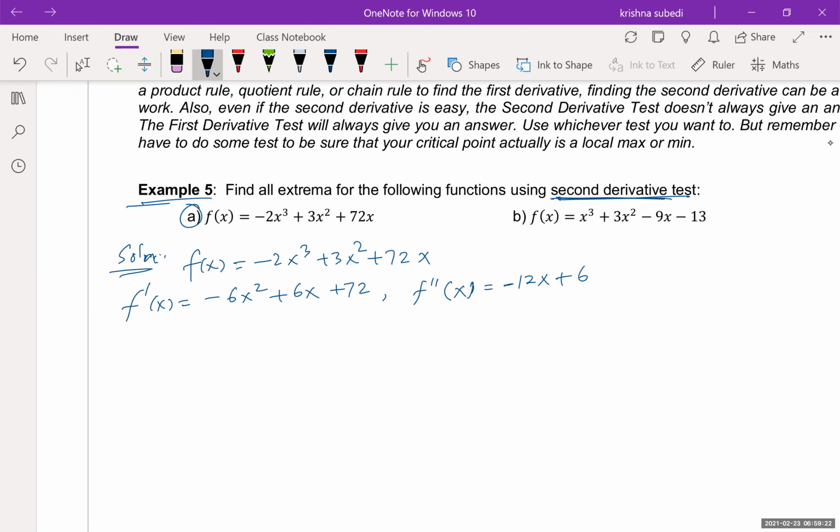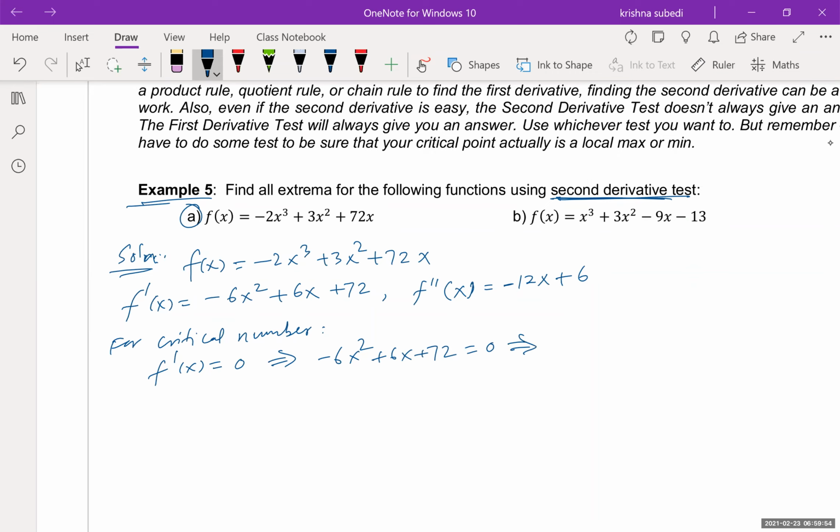All right, now let us find the critical number. It's the same method, guys. We need to find the critical numbers because they are the candidates for maxima and minima. So for critical numbers, set the derivative equal to 0, which gives me negative 6x squared plus 6x plus 72 equal to 0.